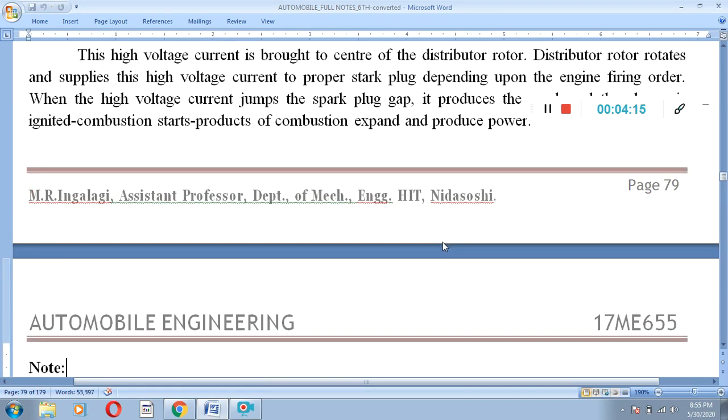This high voltage current is brought to the center of the distributor rotor. The distributor rotor rotates and supplies high voltage current to the proper spark plug, depending upon the engine firing order. When the high voltage current jumps the spark plug gap, it produces the spark and the charge is ignited. Products of combustion expand and produce power.